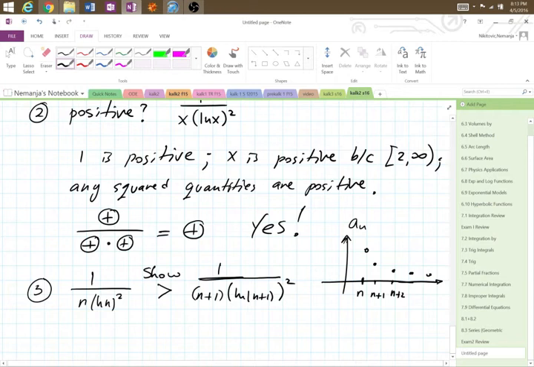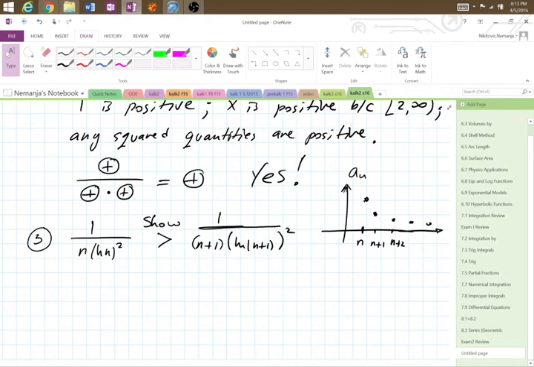If the computation when you plug in n gives you something, and then n plus 1 gives you a lower value, which is right there, which means that the one with the n is larger, you established that it is decreasing.